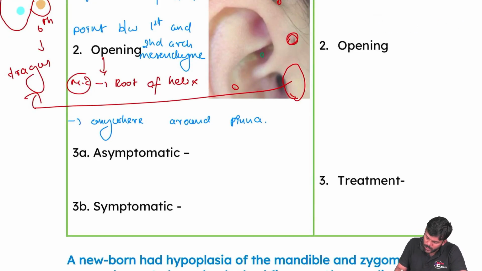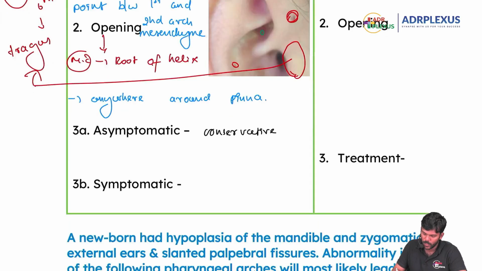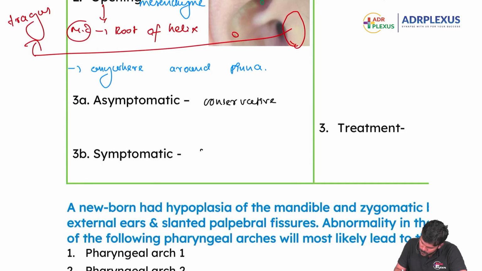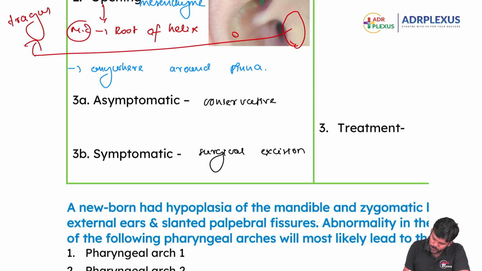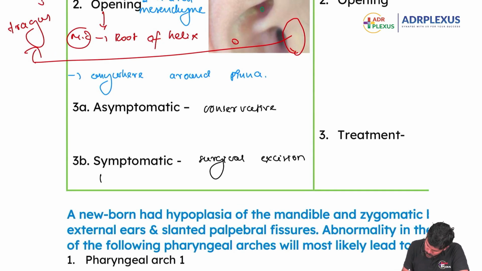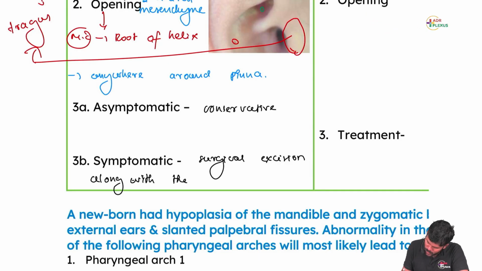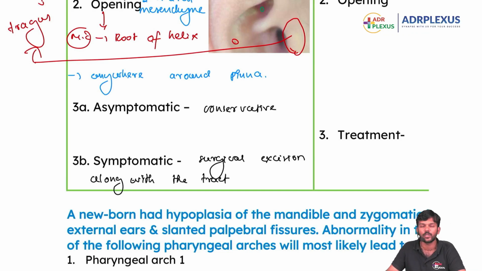If it is asymptomatic, conservative management is enough. If it is symptomatic, surgical excision along with the tract. You should find the entire tract using methylene blue dye injection.